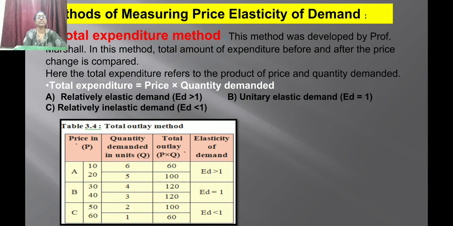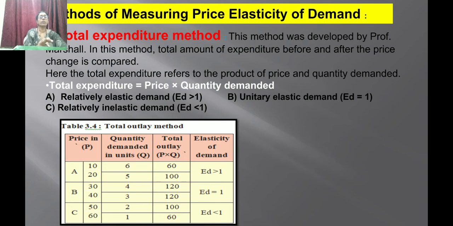In B you can see 30 was the first price and then 40. When the price was 30, the quantity demanded was 4 units. So 30 into 4 is 120. When the price rose by 10 rupees, the demand was 3.